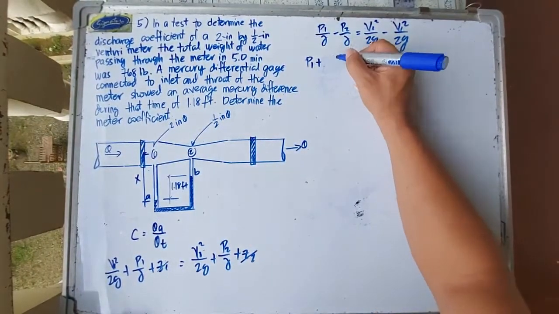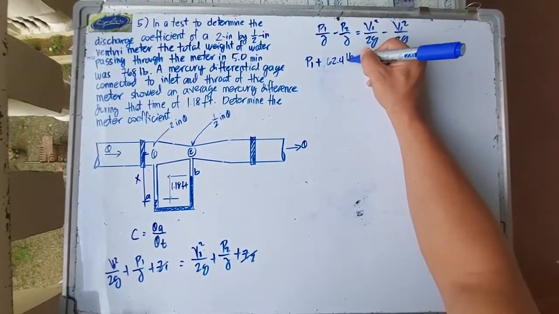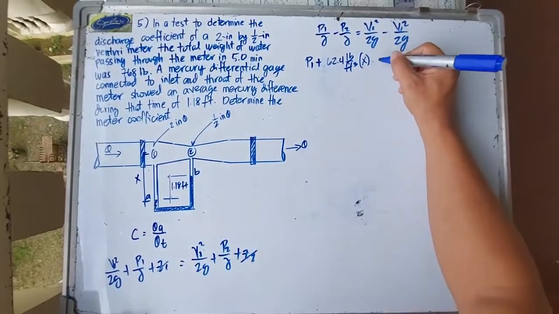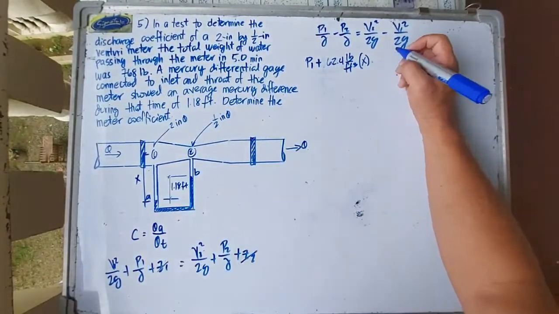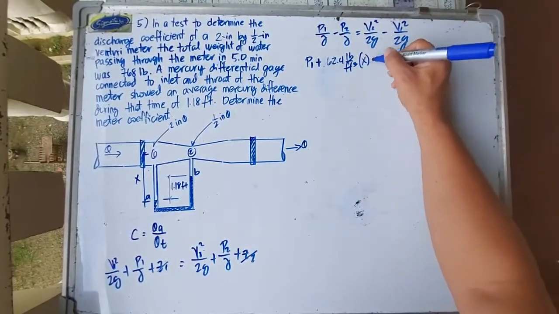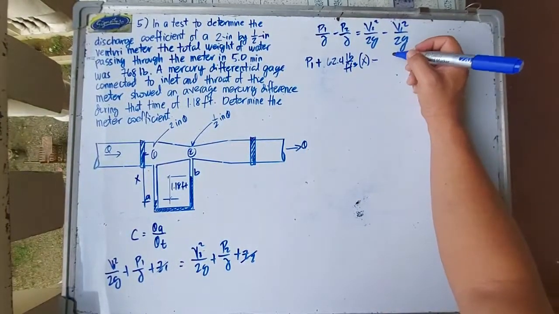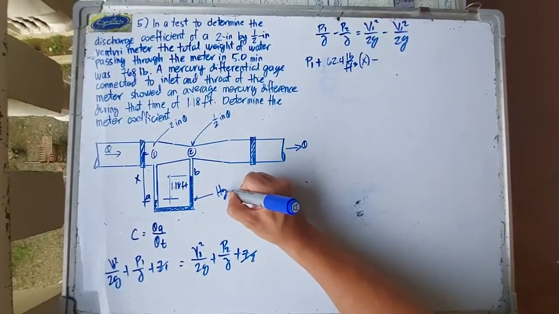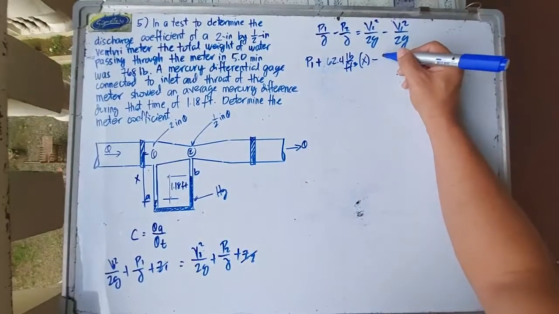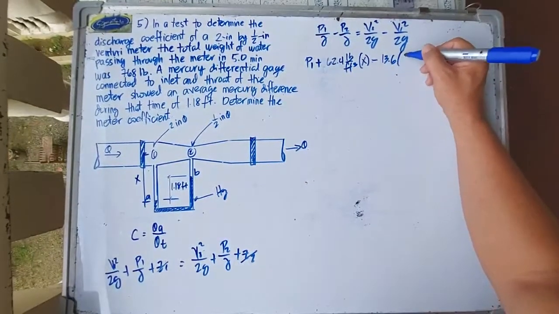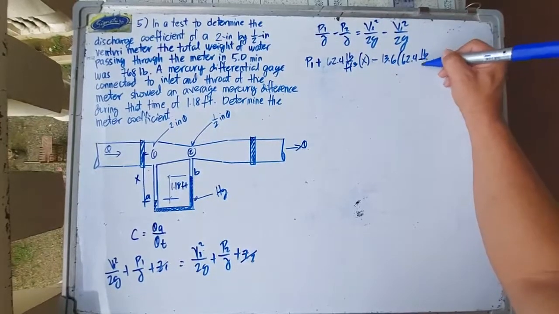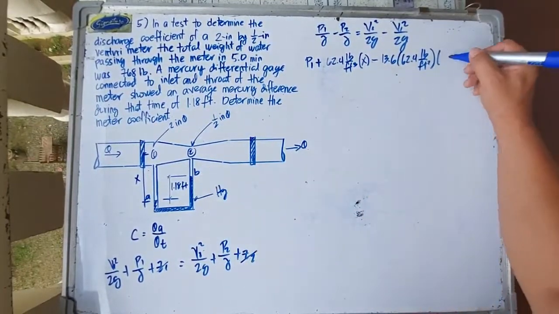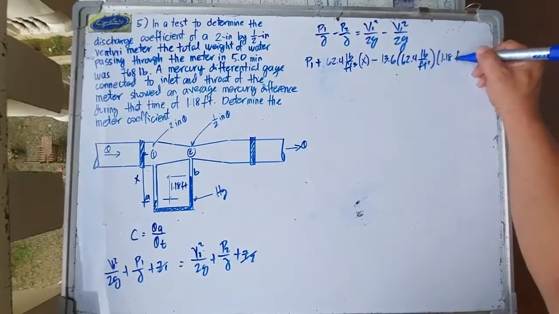By the way, this is water. So the unit weight of water is 62.4 pounds per cubic foot times the height, which is x, and then from point A we move upwards, so minus. This is mercury. So the unit weight of mercury, we simply multiply the specific gravity of mercury by the unit weight of water times the height of mercury, which is 1.18 feet.